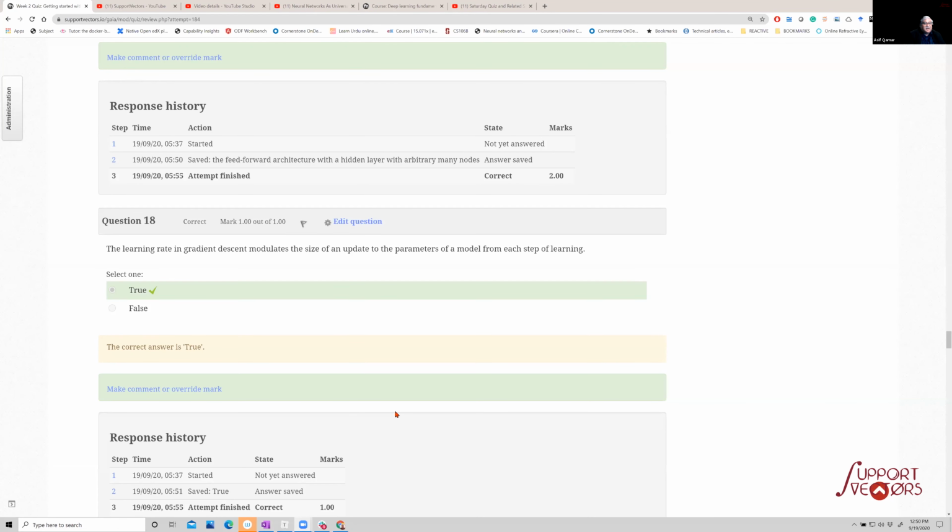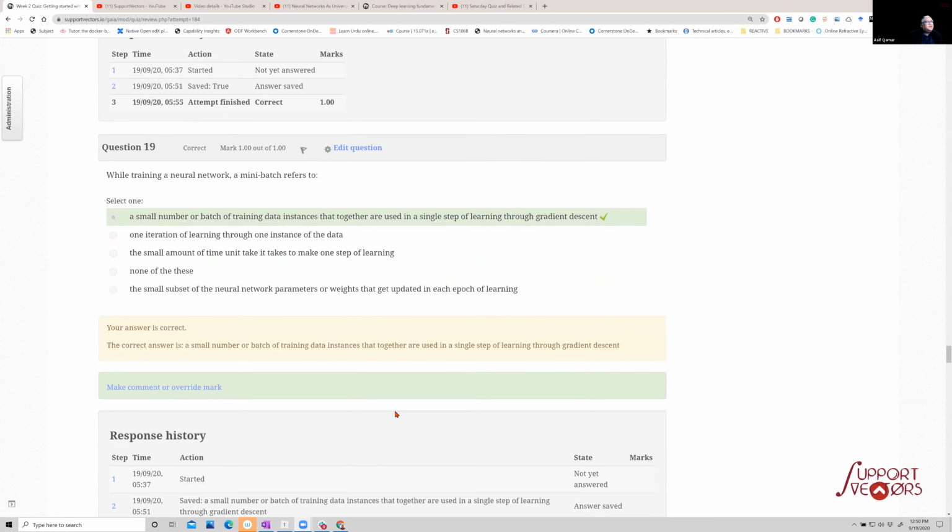Let's say it is 1 for the sake of argument. Now the amount of update you make becomes alpha. The parameter goes Wi next is Wi minus alpha. So the size of the update is controlled by alpha, the learning rate.